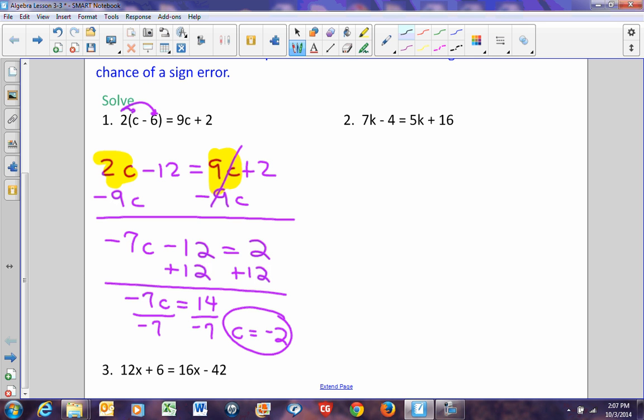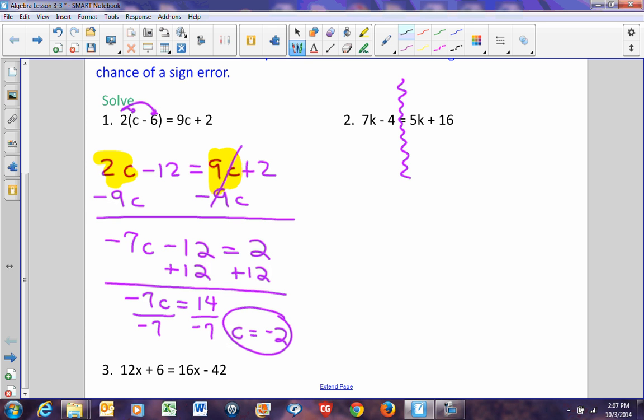And of course, you can check your equations just like you did before by plugging negative 2 back into the original equation. Let's look at problem number 2. 7k - 4 = 5k + 16. Again, we have k's on both sides of the equation. Remember, the equal sign separates your equation into two sides. That's when you need to move things from one side of the equation to the other.